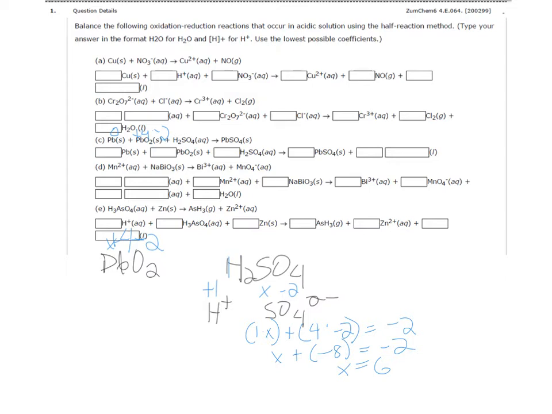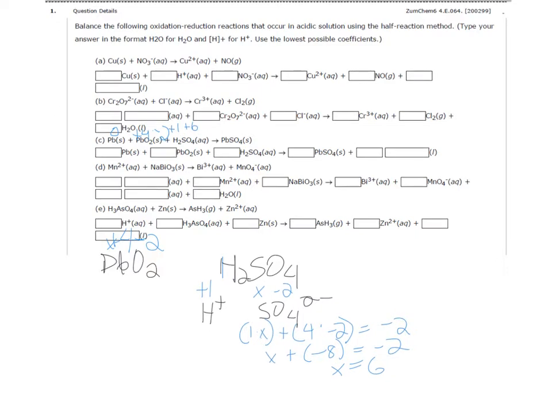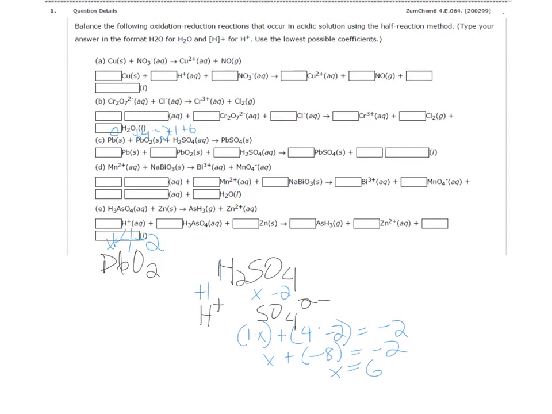So let's record that up above. Hydrogen's oxidation state +1, sulfur's +6. Let me move that over just a smidge. And oxygen's would be a -2 within sulfate ion.